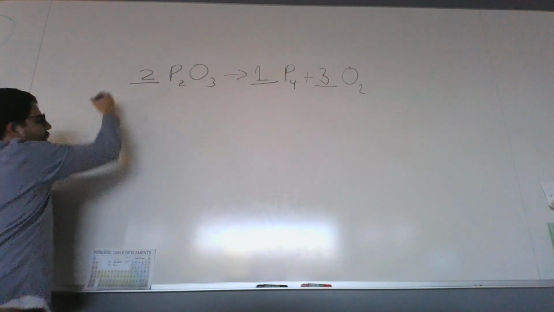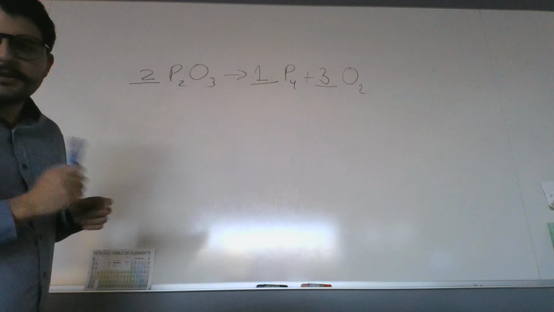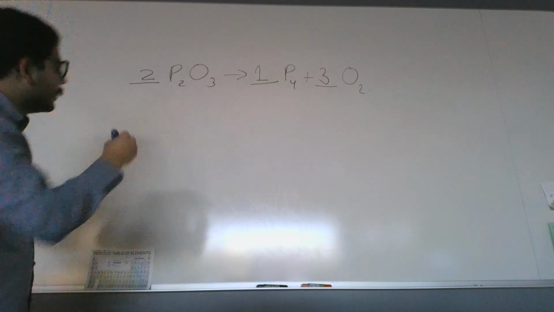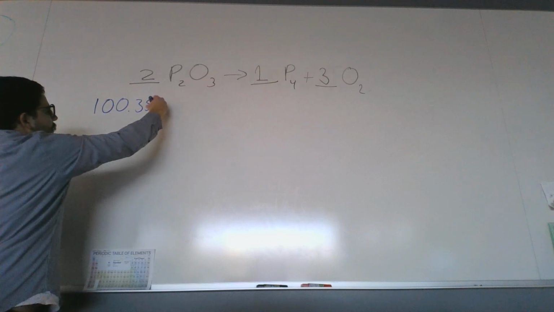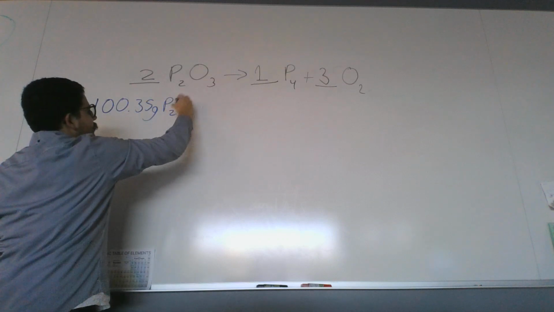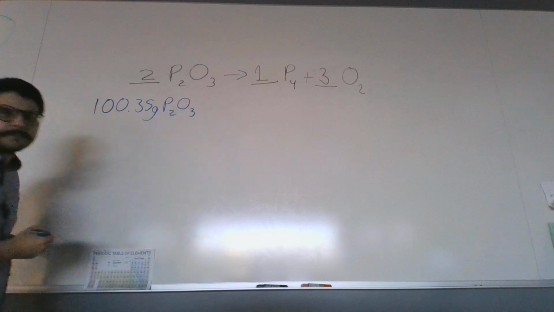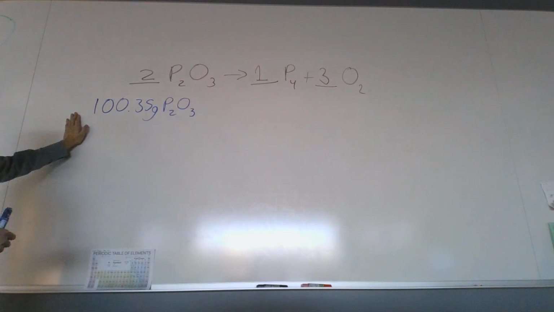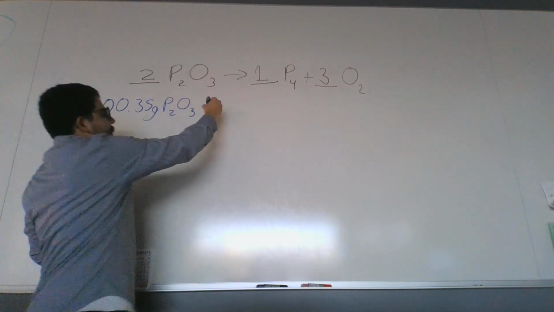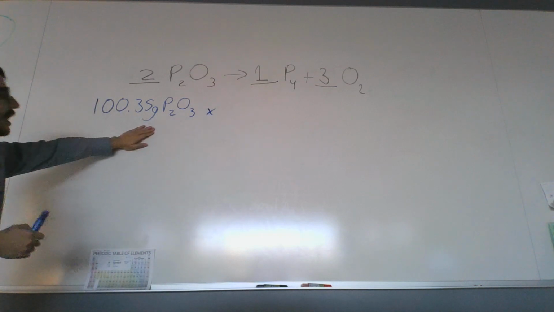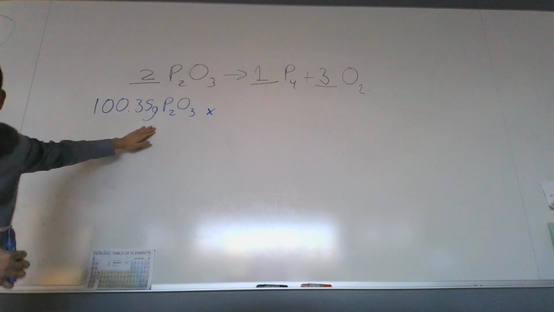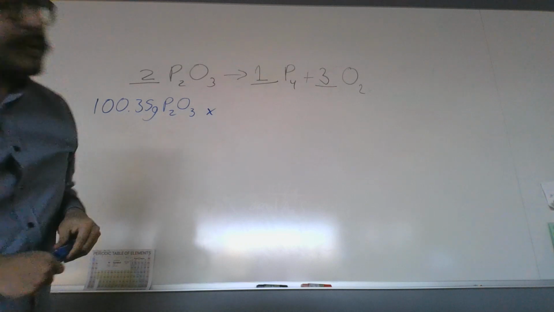Once again, first thing you should do is write your given: 100.35 grams of P2O3. We know we need to use a conversion factor, and we need to convert from the grams of P2O3 to the grams of P4.